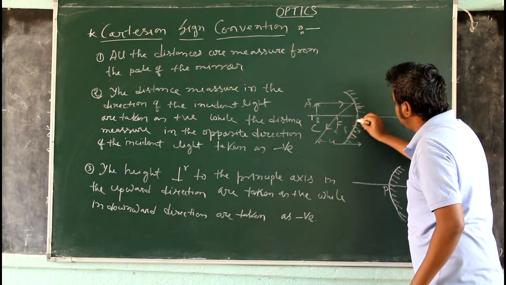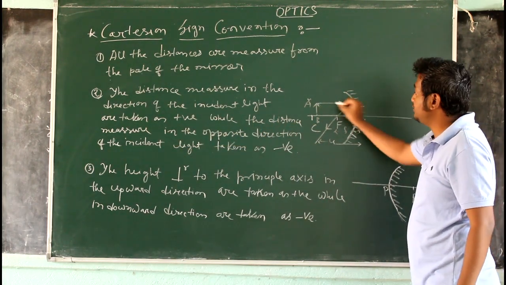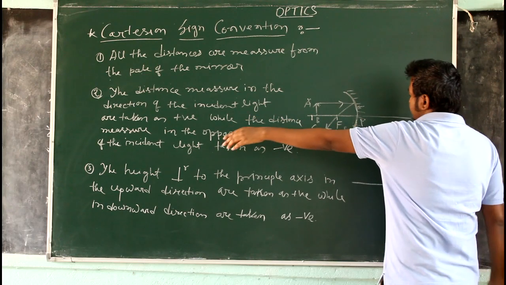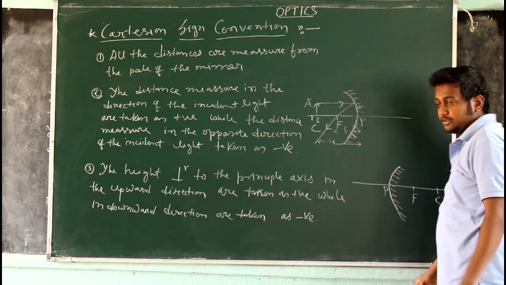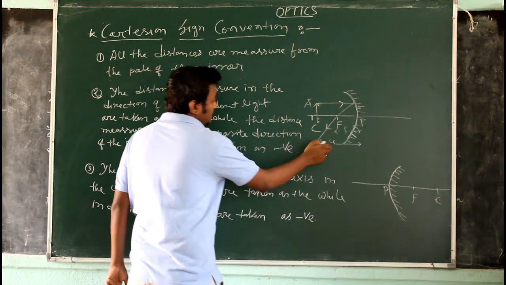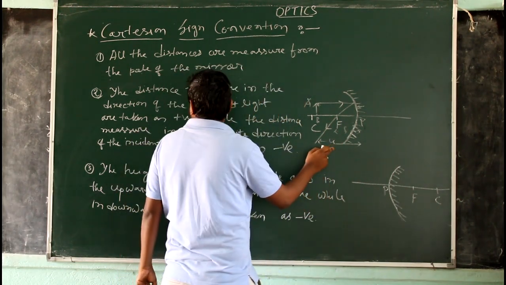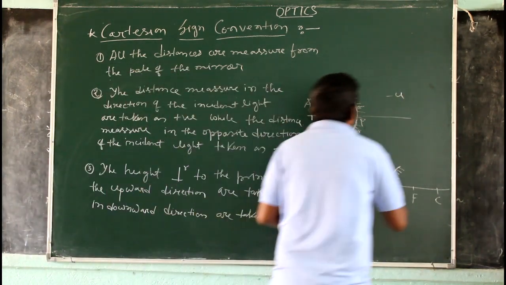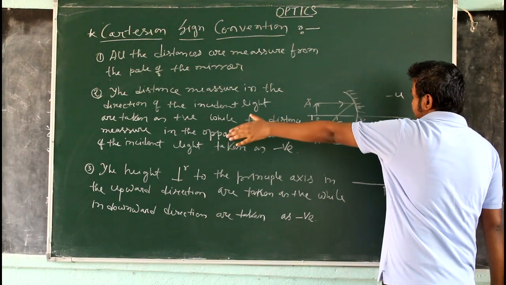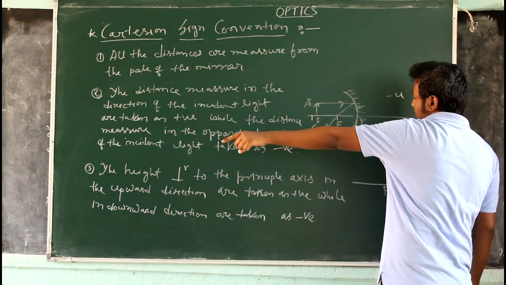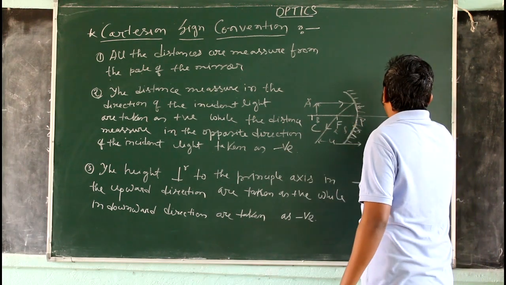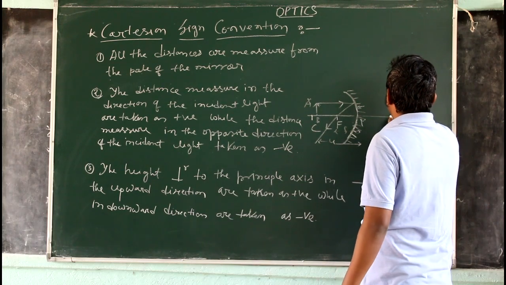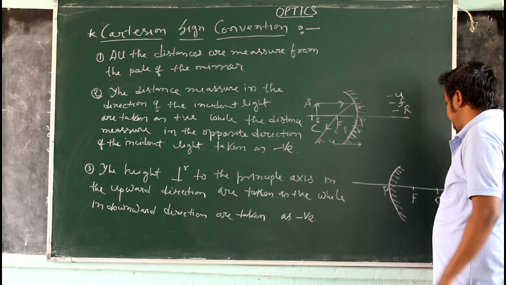So we measure from this side to this side, opposite to the incident ray, and this object distance will be negative. Why negative? Because we have taken this measurement in the opposite direction of the incident ray. Same for the focal length, it is also negative, and the radius of curvature is also negative in the case of a concave mirror.